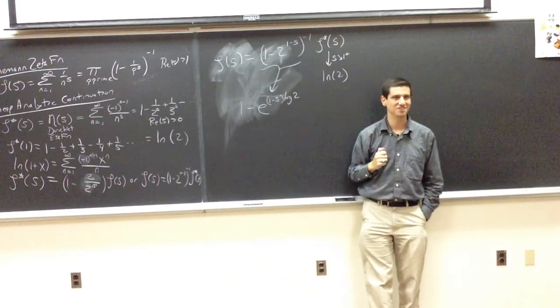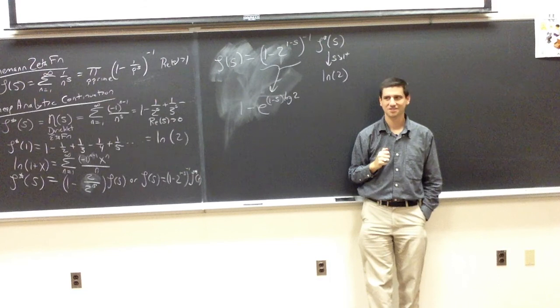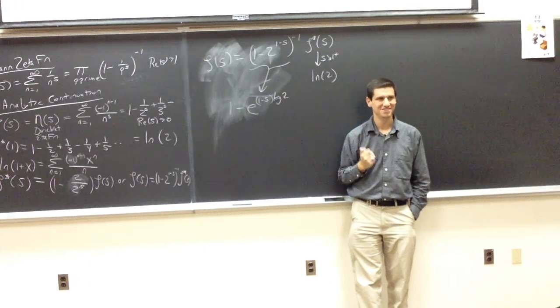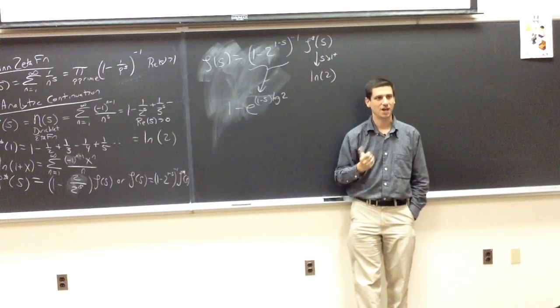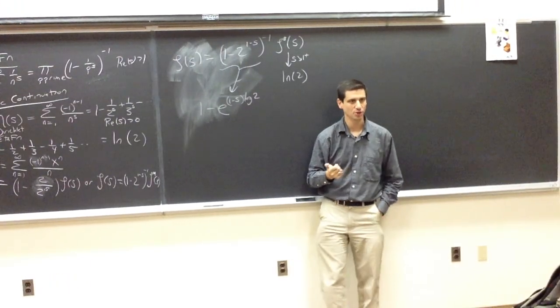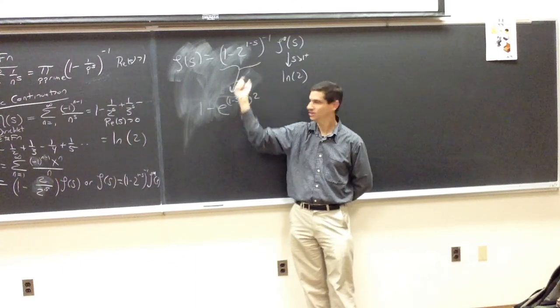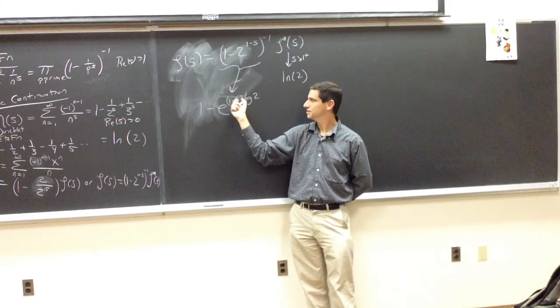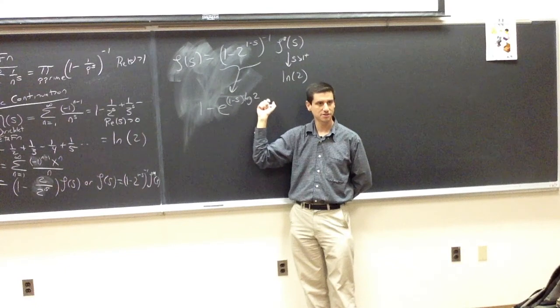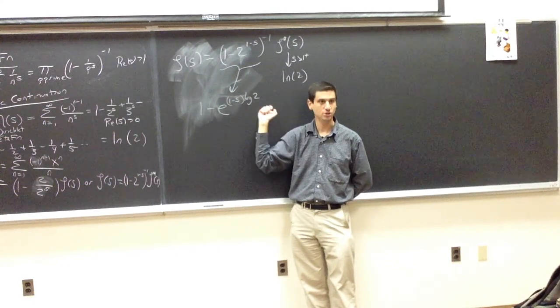Whenever you have a product, it should be instinctive now: take logarithms. And this goes back to the question you were just asking a moment ago. Why do we do everything base e? Do you know what 1 minus e to the blah looks like? Do you know how to understand e to the x?